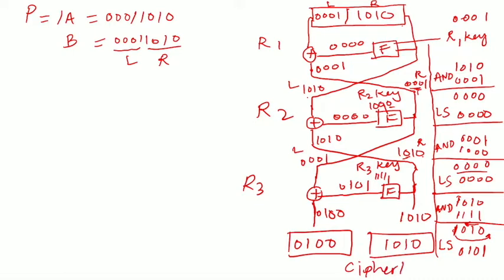So this becomes our ciphertext. So basically our ciphertext is 0100 and 1010, which actually is 4 and A.